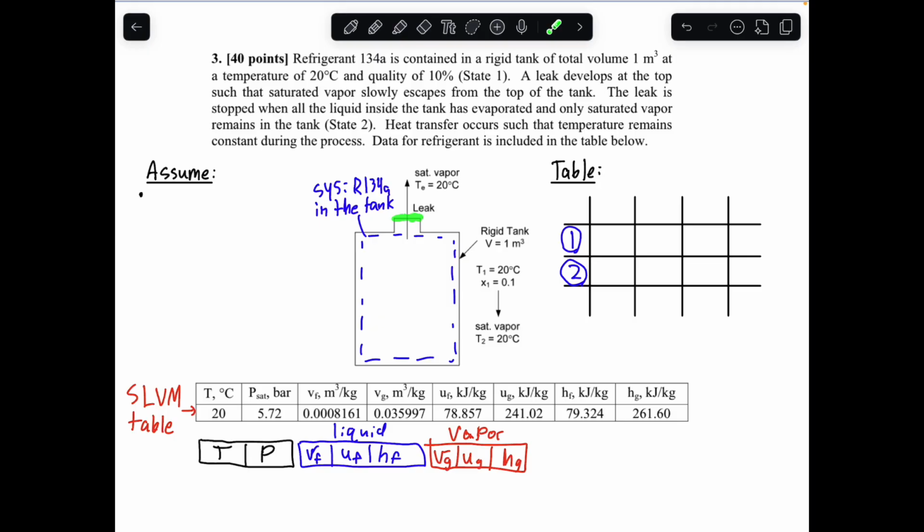So this is kind of getting into our assumptions, but we basically assume that right here at the exit, we have one uniform property value that we're going to report. And that's the properties for saturated vapor at this TE equals 20 degrees Celsius.